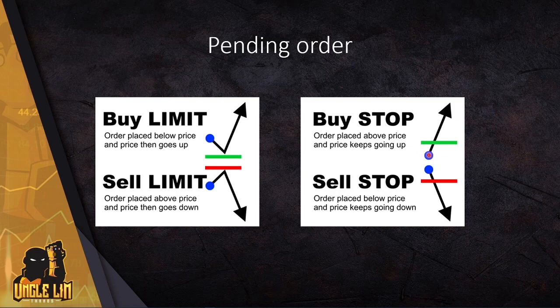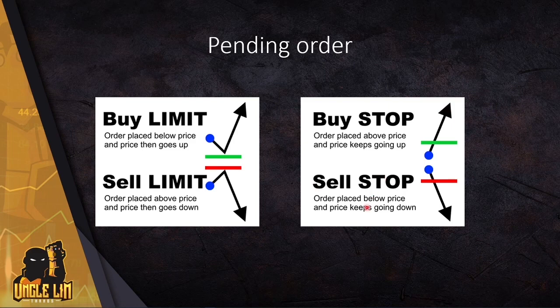You are expecting your price will go up, but you need to wait for some confirmation. So you put a buy stop up here. When the price goes into the buy stop, you are expecting it will continue to go up. So the price will take the order and then continue up.